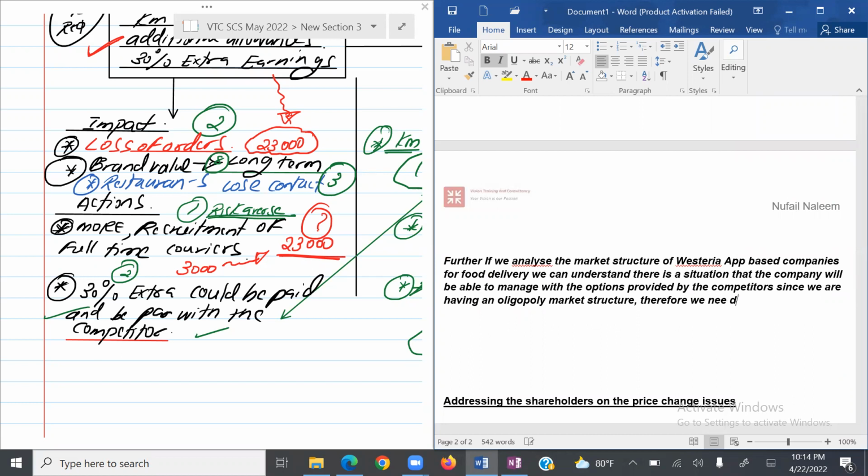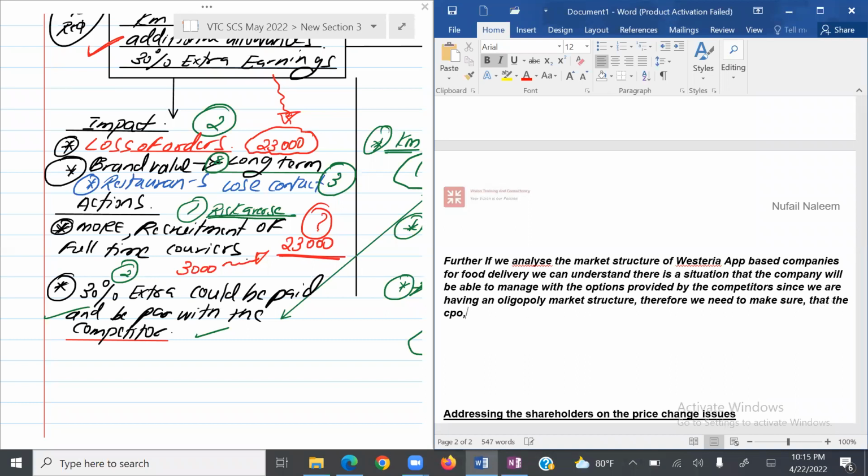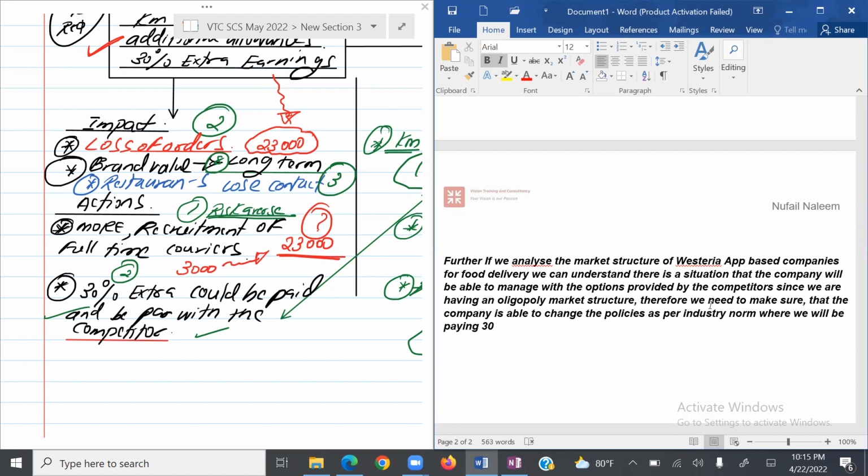Therefore, we need to make sure that the company is able to change the policies as per industry norm, where we will be paying 30% extra, but we will manage to handle the service quality better.